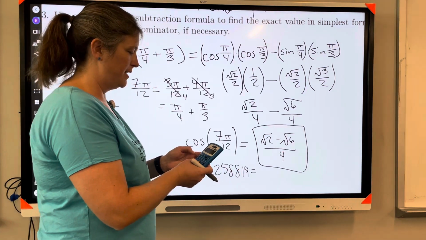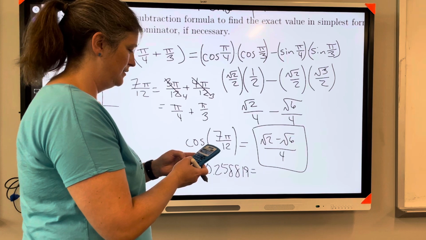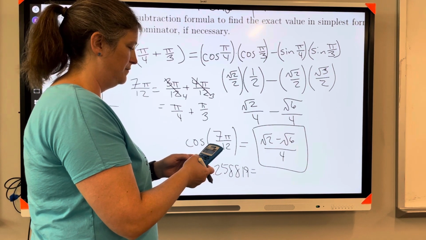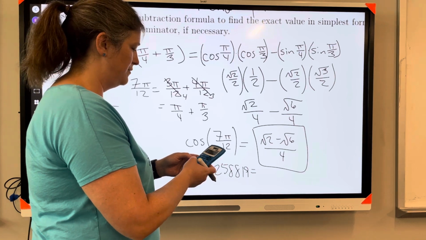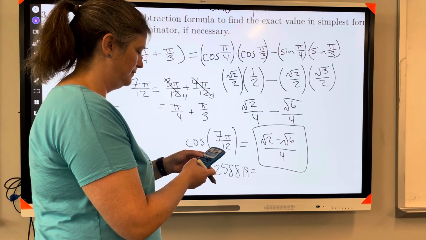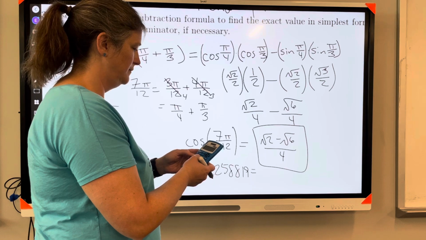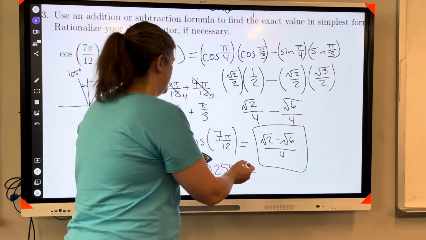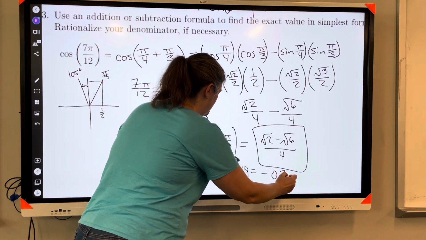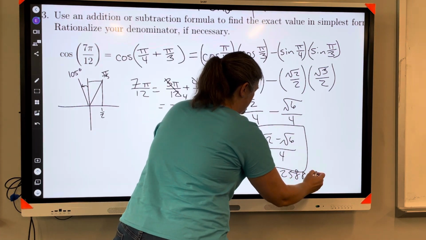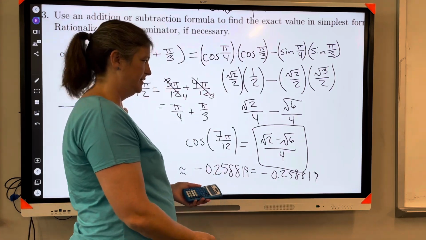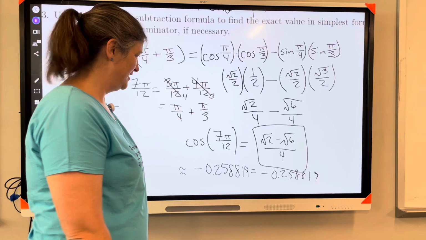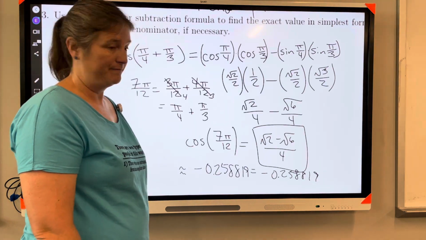Well, parenthesis square root of 2 minus square root of 6 end parenthesis divided by 4 is negative 0.258819. Look at that. They're the same. Matchy matchy. Hooray. And I like my answer.